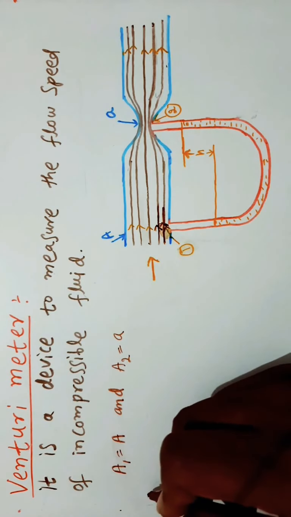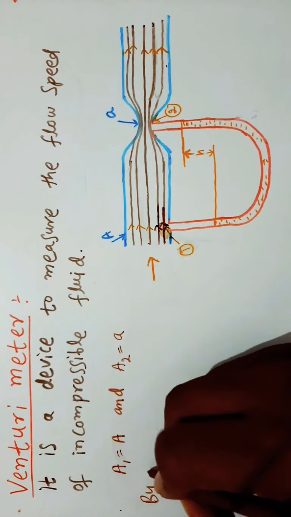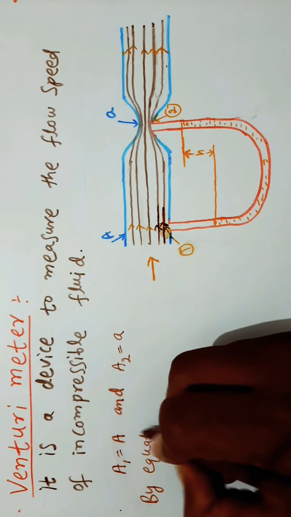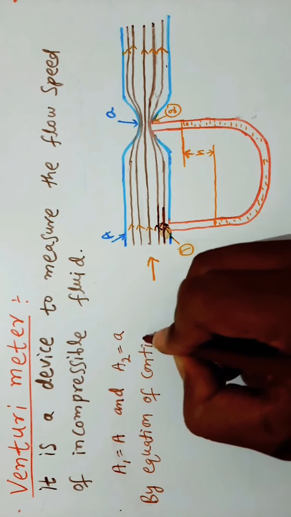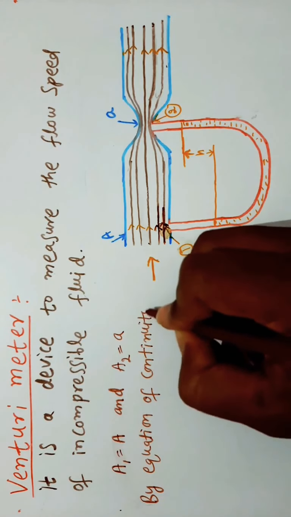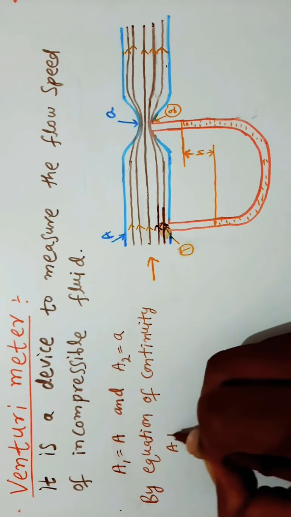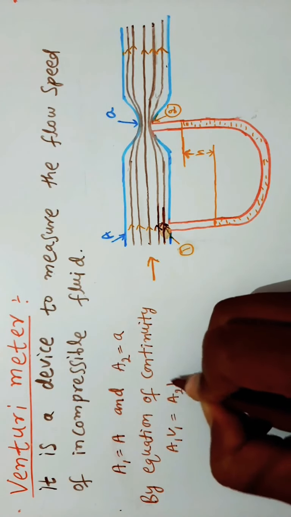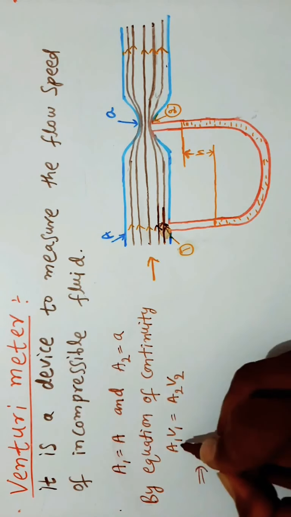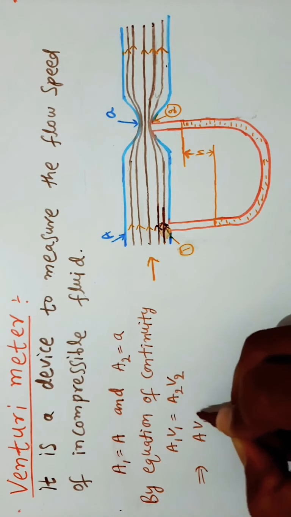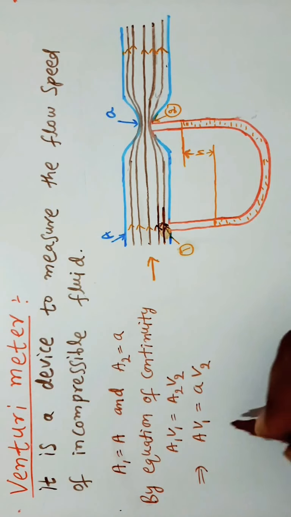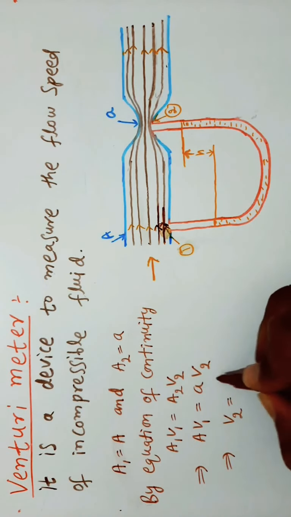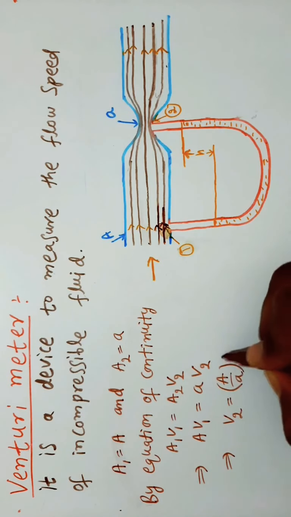By the equation of continuity, we know A1 V1 is equal to A2 V2. So here A1 is A, A2 is small a. From this V2 is equal to, we can write, A by small a into V1.